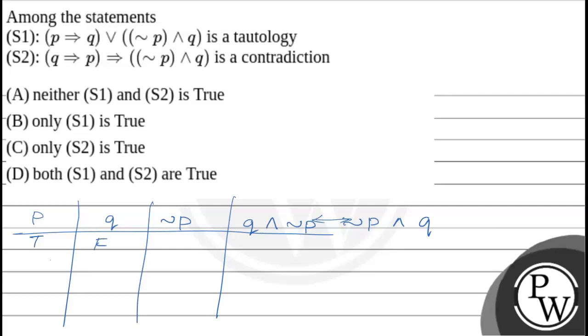True, false, true, true, false, true, false, false. Now taking negation of P. Negation of true will be false. Negation of true, false again. False will be true and true.